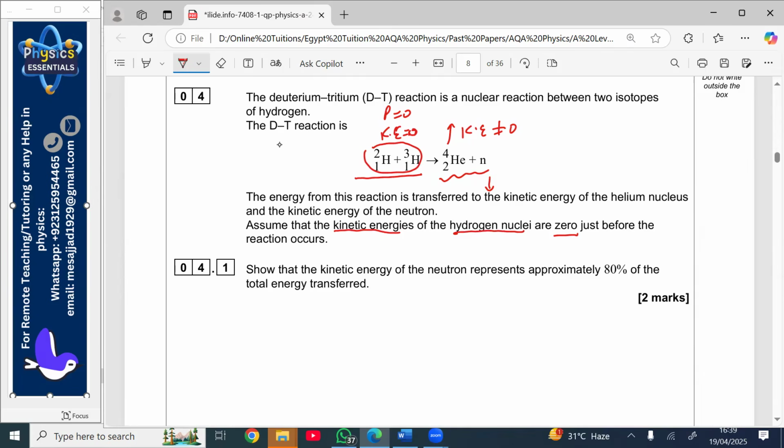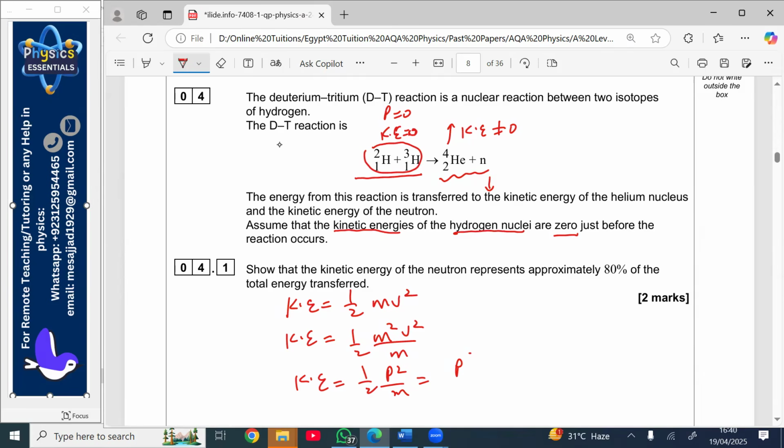So they are now asking us, show that the kinetic energy of the neutron represents approximately 80% of the total energy transfer. So it's quite easy to understand that the kinetic energy is equal to half mv square, right? And I need to play a trick here. Just multiply mass and divide mass, convert it into momentum, right? So we will write p square over m.